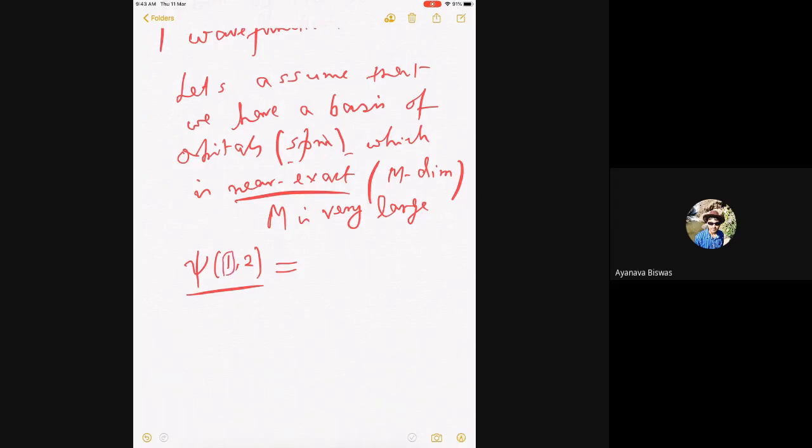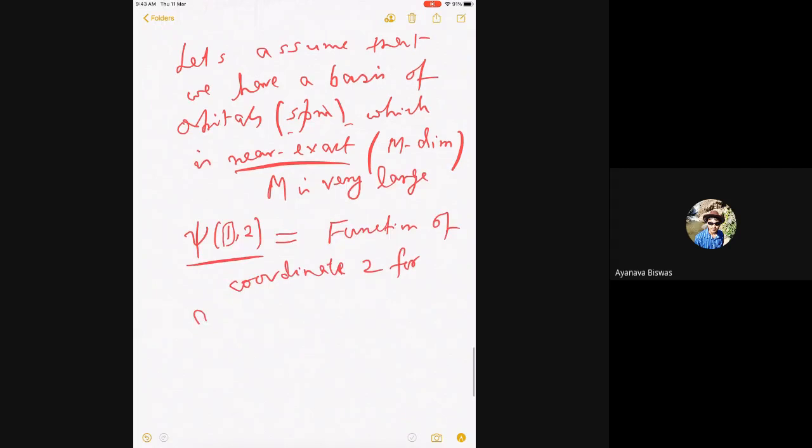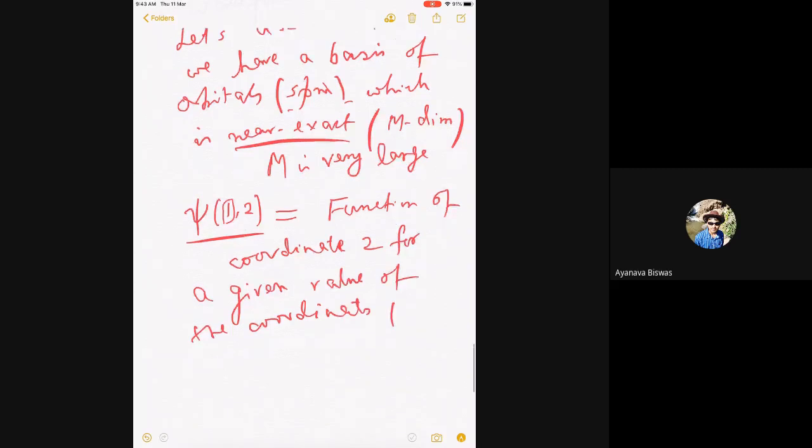So let's look at psi 1, 2 as a function of coordinate 2 for given values of the coordinate 1. So let's say that it's a function where R1, R2 changes, right?